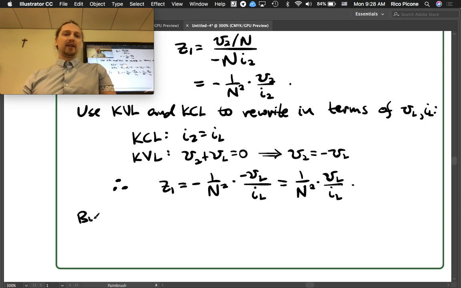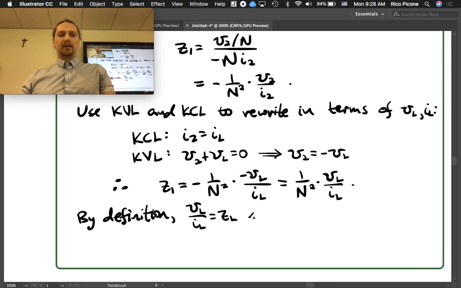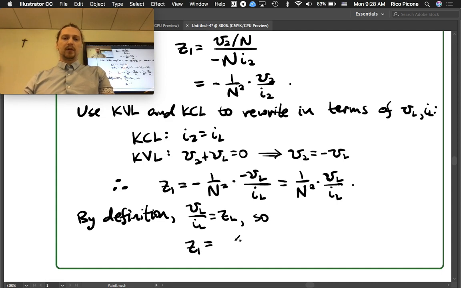By definition, right? VL over IL equals ZL. So we have that Z1 equals 1 over n squared ZL.